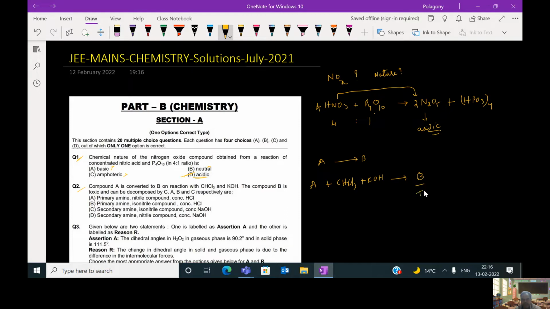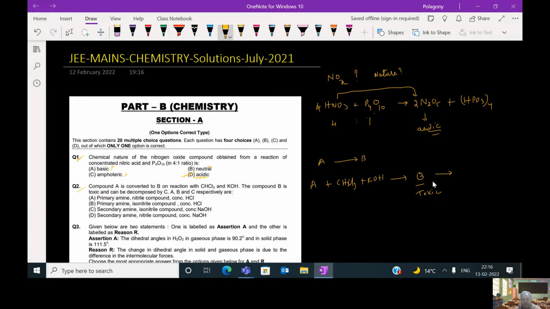B is toxic, and the toxic compound can be decomposed by C.